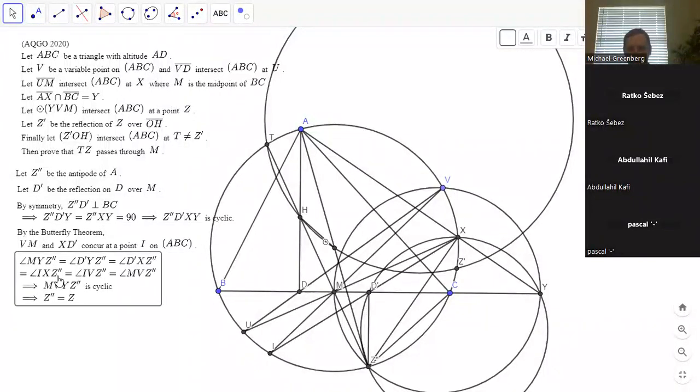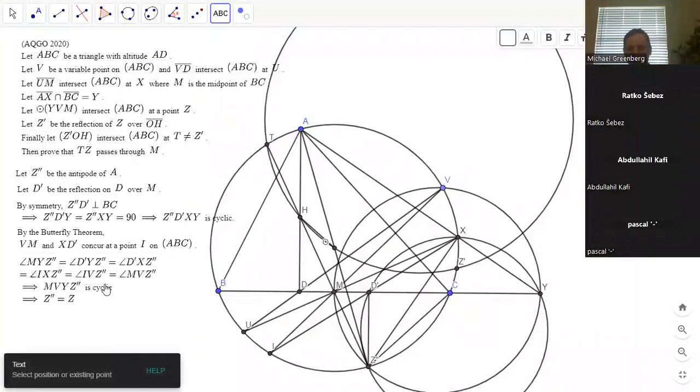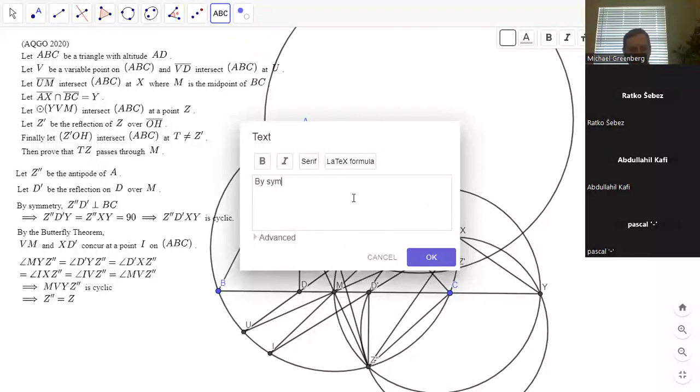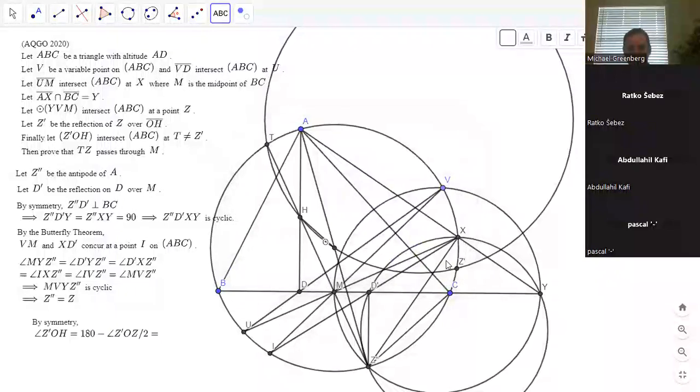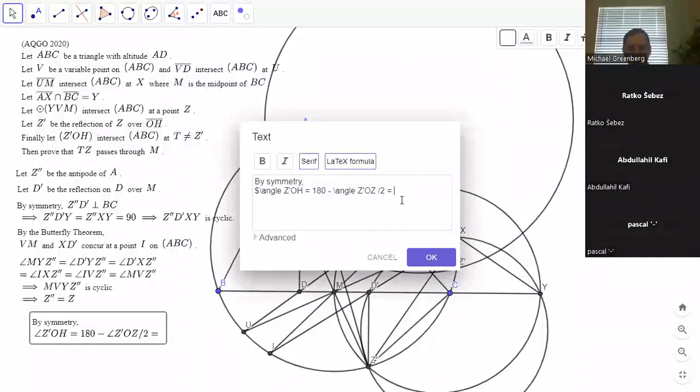So by symmetry, angle Z prime OH is going to be 180 minus angle Z prime OZ over 2, which is 180 minus Z prime TZ over 2.